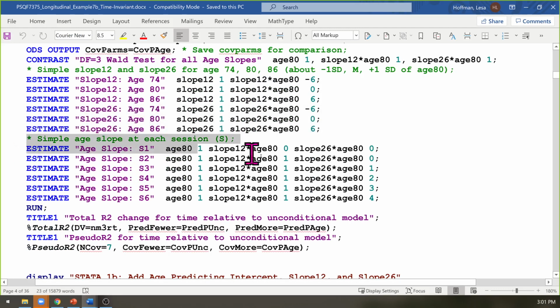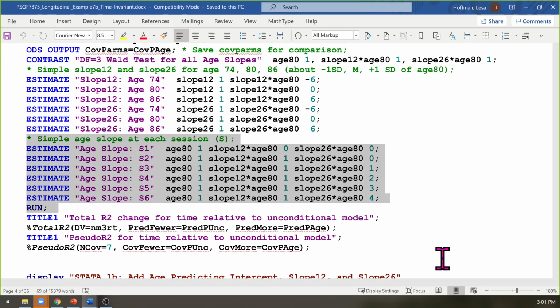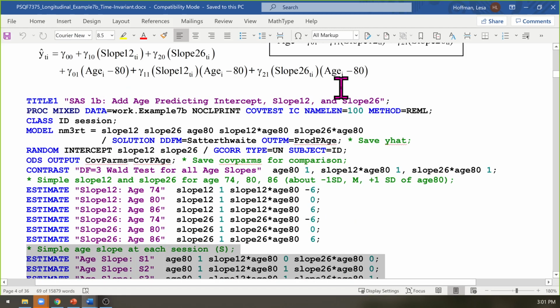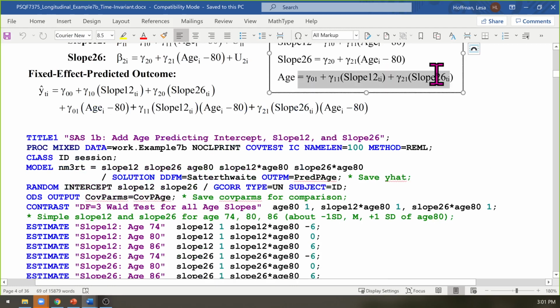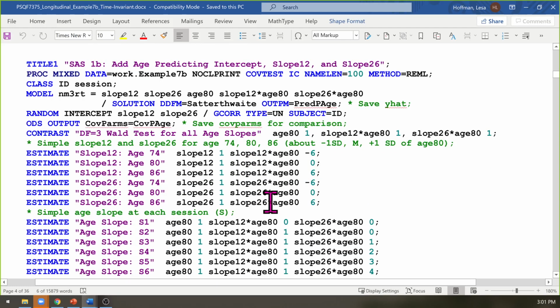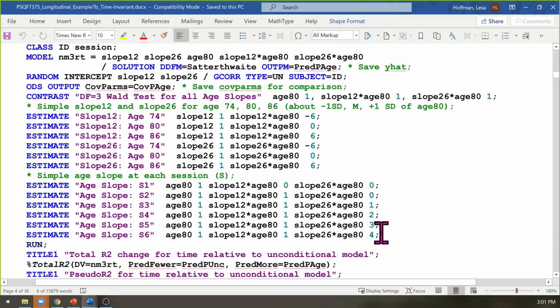Now flipping it the other way. The model also tells me how the effect of age changes across sessions. So I am using the latter simple slope equation right here to get that. I have the age slope at each of my 6 possible occasions.